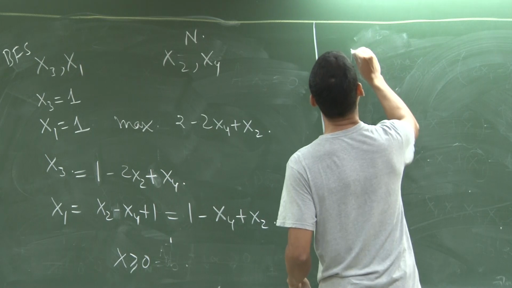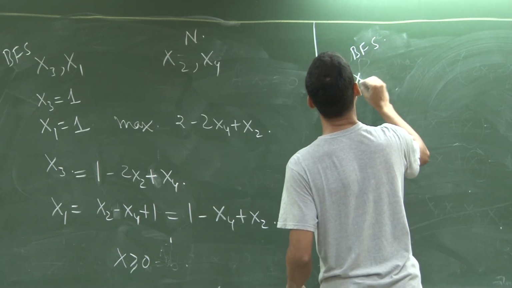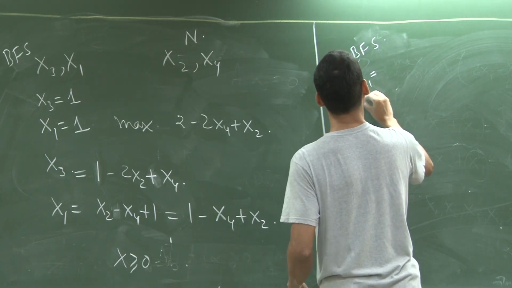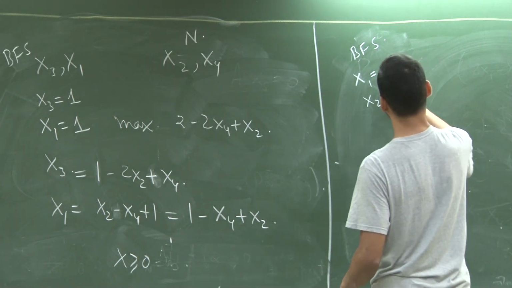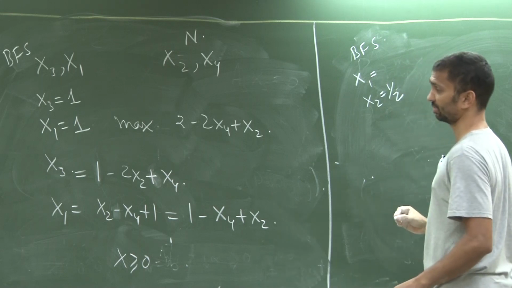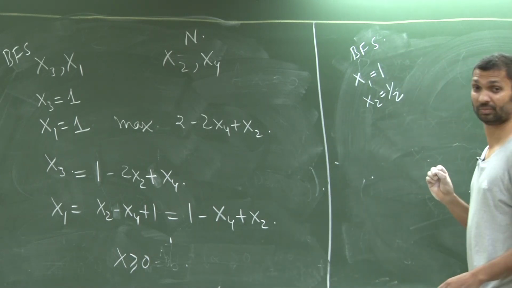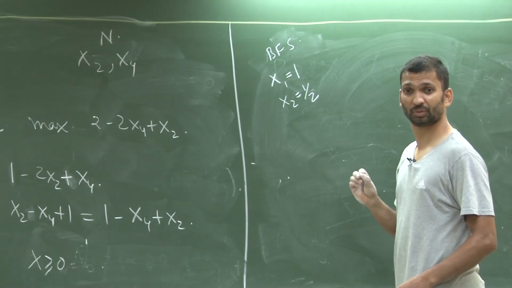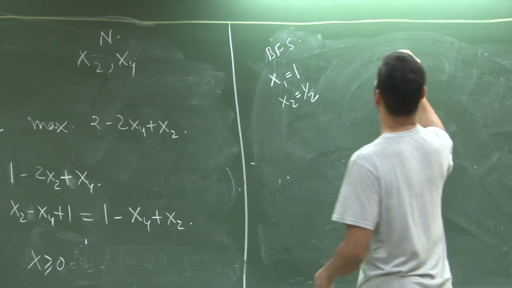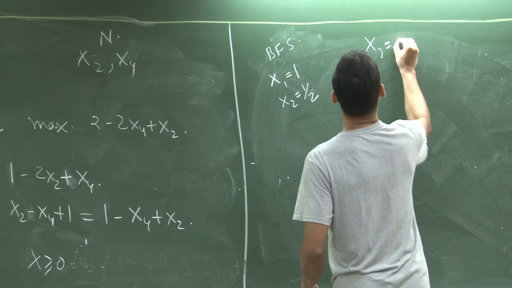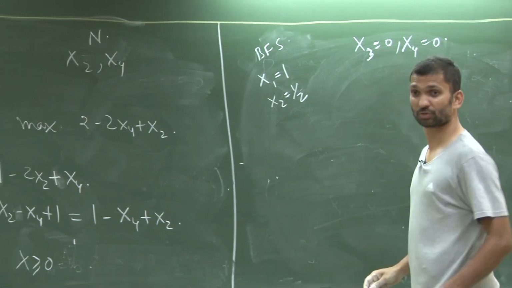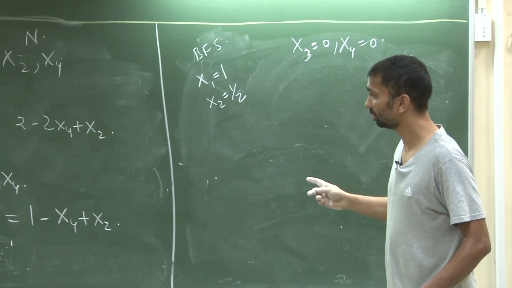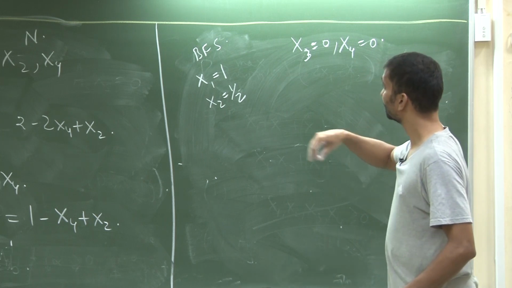Good. So now my BFS would be, yeah, x2 is half, x1 is, okay, and x3 equal to 0, x4 equal to 0, sorry, x1 is 3 by 2.